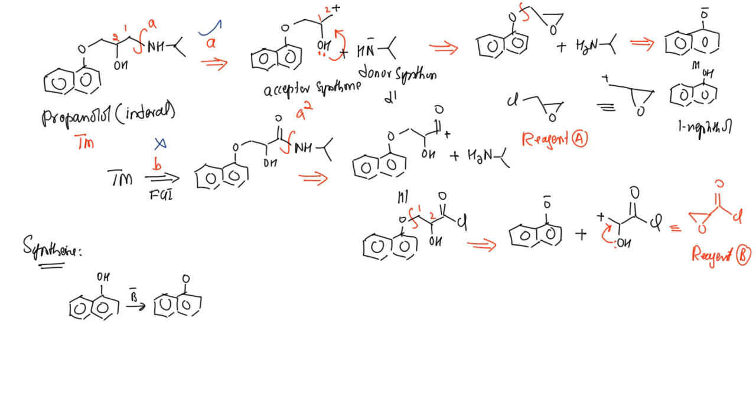I will get a phenoxide which will react with reagent A. So here, let me clarify it. We have two carbon atoms because the phenoxide will perform an SN2 reaction. Either it will react at this carbon atom via an SN2 reaction, or it will react at this carbon atom again in an SN2 reaction.